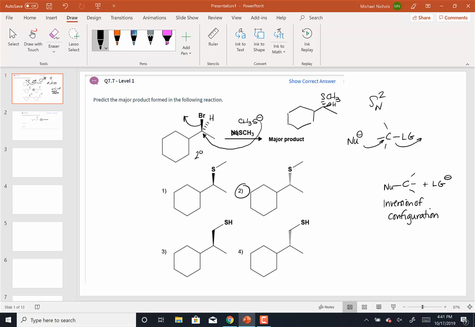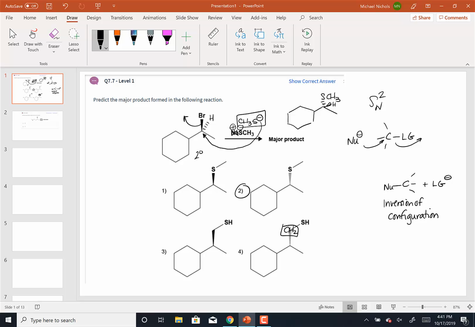Now, if you're looking down here, what you see is that they added the CH2 with the SH, and that is not what the nucleophile is. The nucleophile is an Na plus S minus, and so this is our nucleophile.